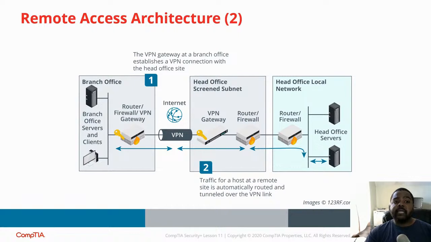So in that case, we still want to give them their own firewall, router and gateway, but we also want to make sure that they have a VPN connection back to the head office. That way, whenever they are, let's say, connecting back to the SAN drive on the headquarters office that's located there, it's a secure connection from that branch office, maybe in a different state, all the way back to the headquarters office. And now they can pull that traffic or that file from headquarters out to the branch and not worry about exposing it in any type of fashion.